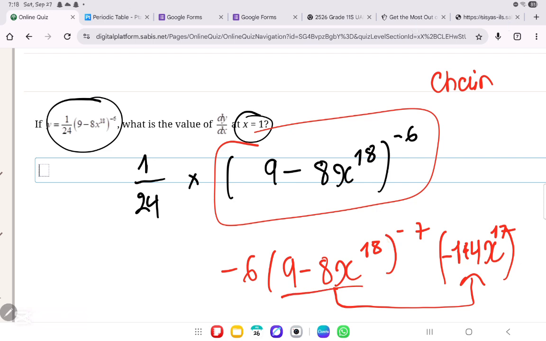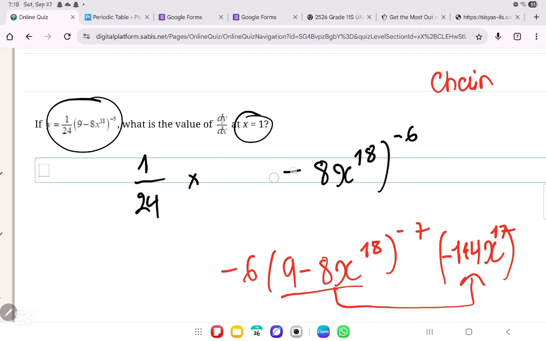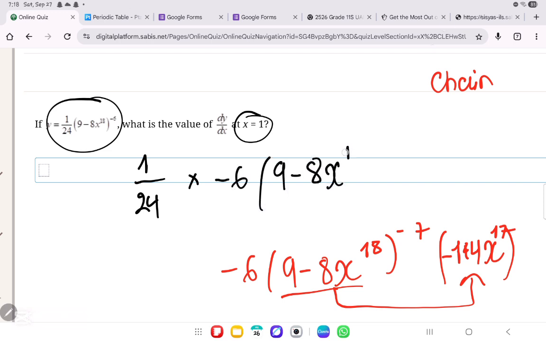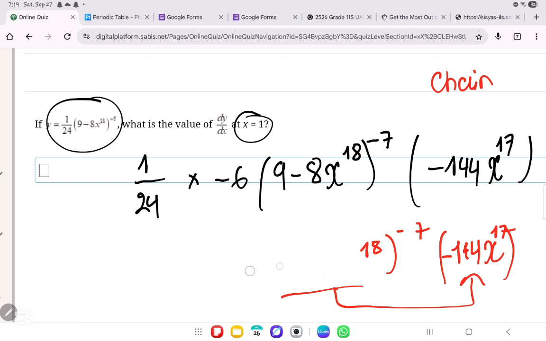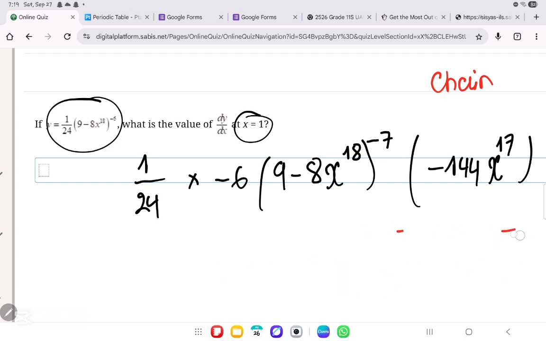Now, perfect, we have the value of the derivative of this. We can substitute it over here. So it will become minus 6 times 9 minus 8x to the power of 18 minus 7 times minus 144x to the power of 17. Now, of course, you can simplify, you can expand, you can not expand. Whatever you want to do, you can do, but I prefer not to simplify in order to save time. So now just put it as it is and substitute the x by 1 in the calculator.